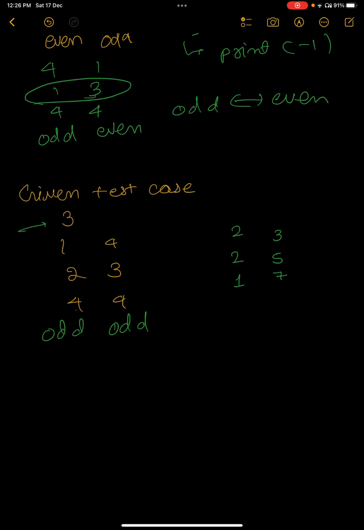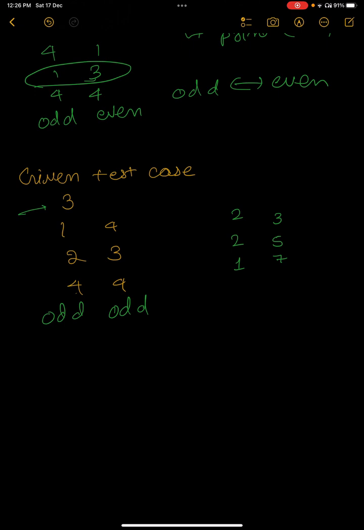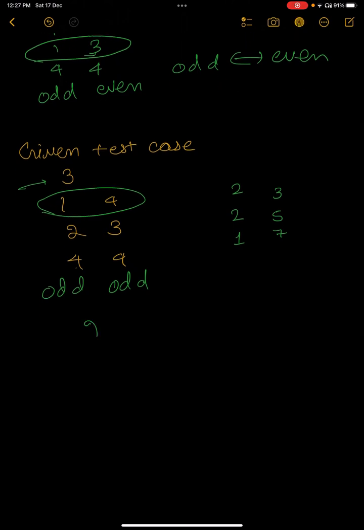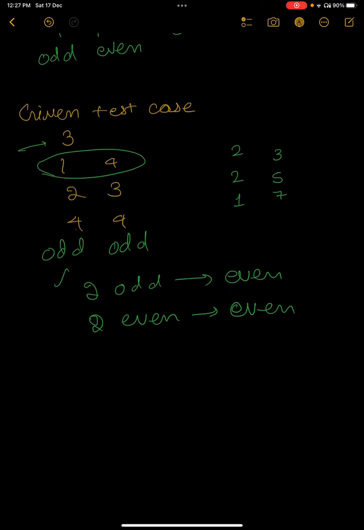You have to interchange so that one is odd and one is even. Because two odds always give you an even sum, and two evens always give an even sum, for sum, not multiplication.